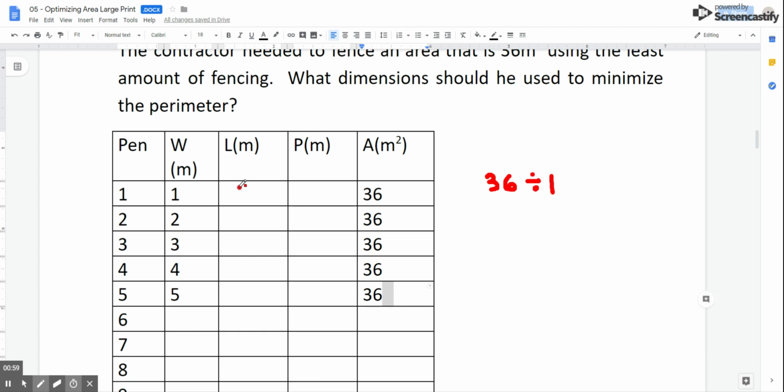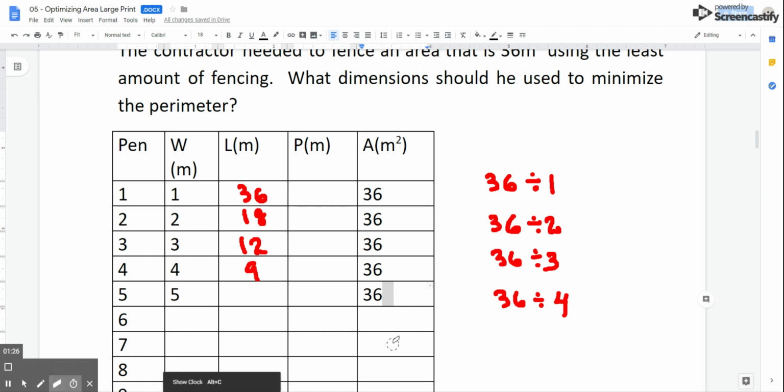So 36 divided by 1 gives me 36. 36 divided by 2 gives me 18. 36 divided by 3 gives me 12. 36 divided by 4 gives me 9.